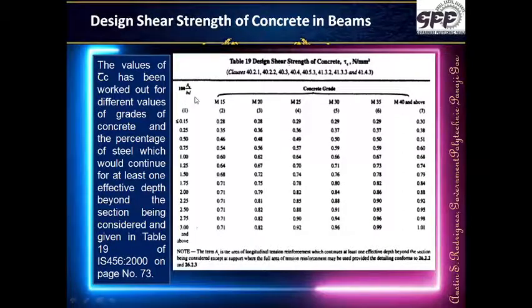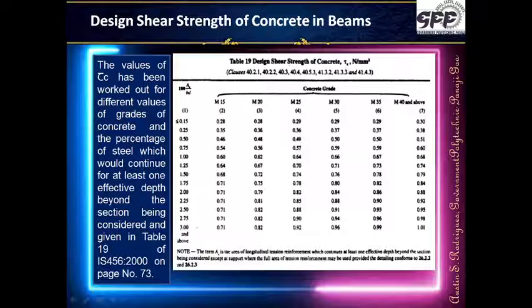Then 100 As upon bd, that is 1%, is here, and M20 is here. So the value is 0.62. That means if the beam is made of M20 concrete and it has 1% steel, then the value of tau c is 0.62 Newton per mm square.